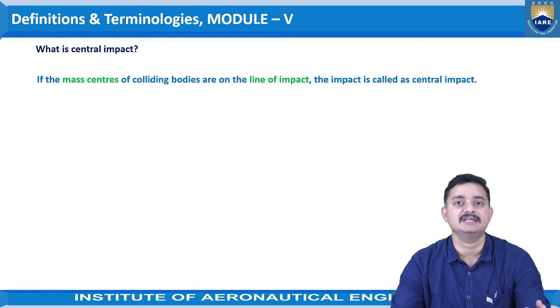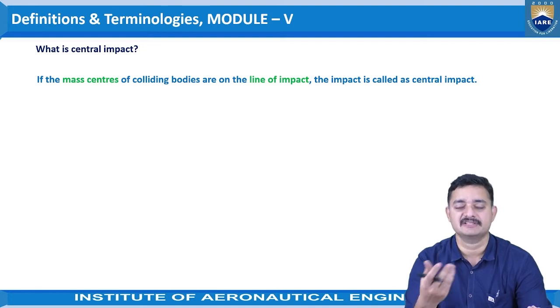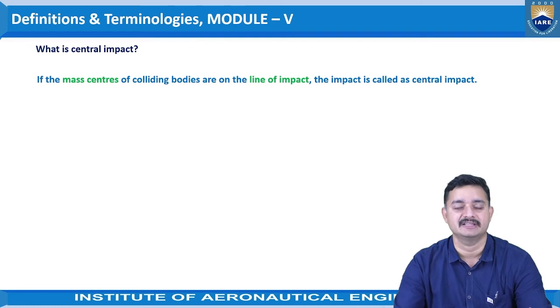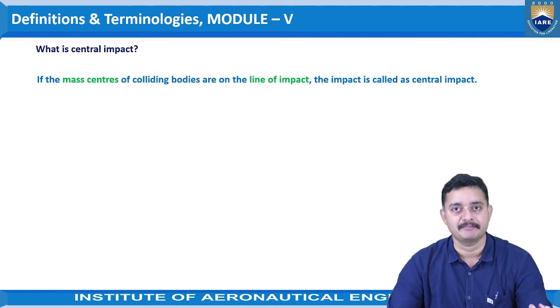Mass centers are nothing but the centroids or center of gravity of the object. Like our first example, both the cars traveling in the line of impact in a head-on collision, that type of impact is called central impact, wherein the mass centers are lying along the line of impact.